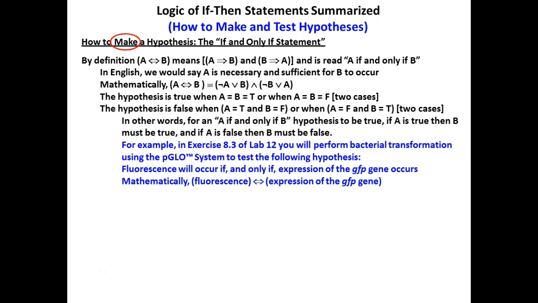You can't get it without this, right? These two things are connected. So if it doesn't fluoresce, it didn't express the genetic information, it didn't make the protein. If it does fluoresce, right, then it's supported, right, that you can only get the fluorescence with the expression of that genetic information, that production of that protein.